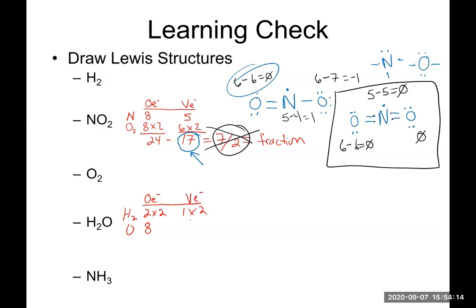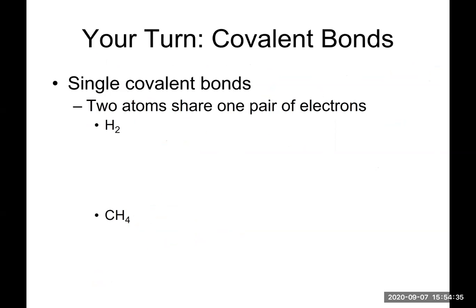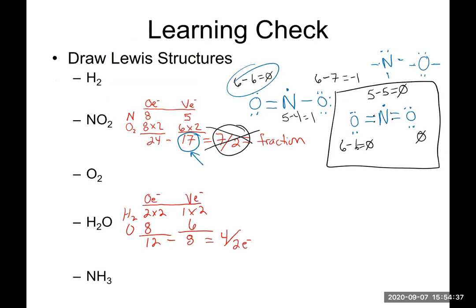And the valence for oxygen is 6. So 8 and 4 gives us 12, and then 6 plus 2 gives us 8. If we take the difference, we get 12 minus 8, which is 4. Divide that by 2 electrons that are in a covalent bond, and we get 2 bonds.